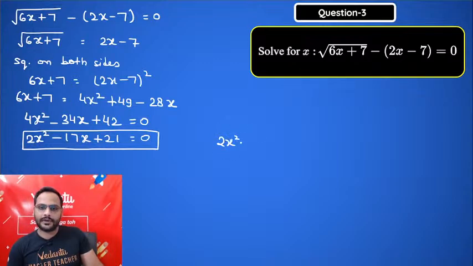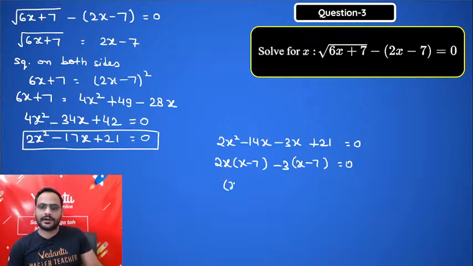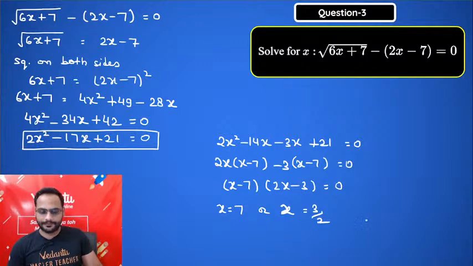So 2x square minus 14x minus 3x plus 21 equal to 0. Take 2x common, x minus 7. Take minus 3 common, x minus 7 equal to 0. We are left with x minus 7 into 2x minus 3 equal to 0. So from here you will get either x is equal to 7 or 2x minus 3 equal to 0. So you will get x is equal to 3 by 2.